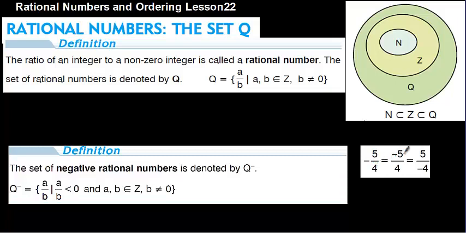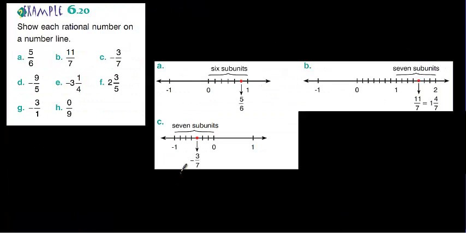Minus 5 over 4 is equal to minus 5 over 4 or 5 over minus 4. These are all the same number, which means you may give the minus sign to the numerator or the denominator.